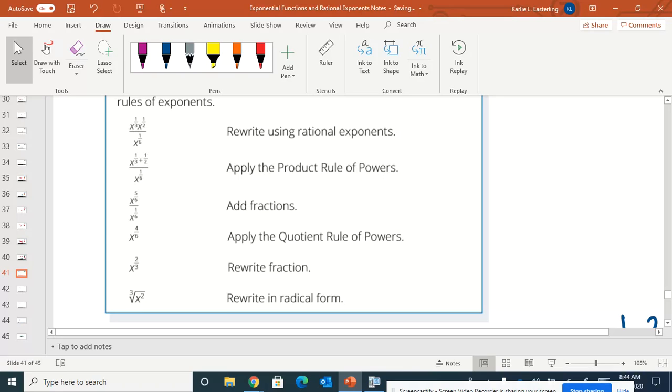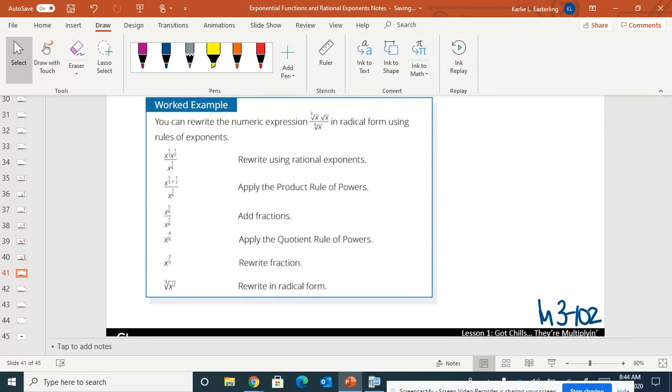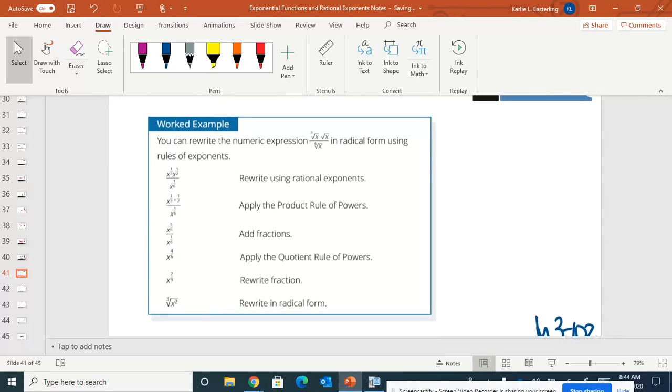They used their exponent rules of division to then subtract 5/6 from 1/6, and they got 4/6. They then simplified that fraction, and they got their final answer of the cube root of x squared. So the cube root of x squared is equal to the cube root of x times the square root of x divided by the sixth root of x. So we're going to work a couple of these out together.